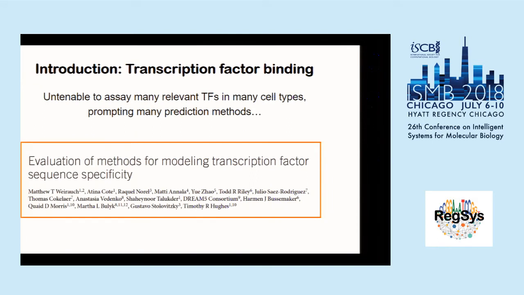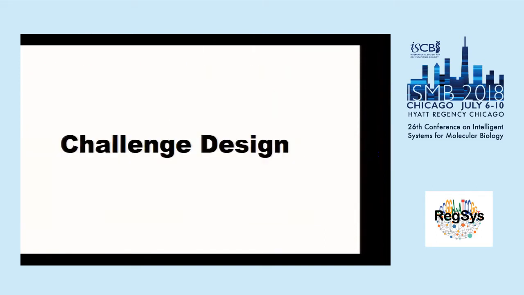And so there have been many prediction methods for in vitro and in vivo TF binding. But although these have been evaluated systematically in vitro by a previous collaborative DREAM effort a few years ago, there's been no systematic evaluation of these methods that's focused on in vivo binding. And so that's what I'm here to present.